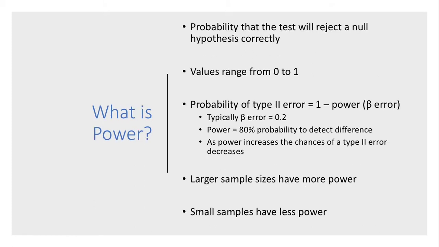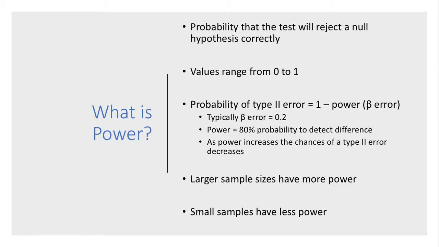Power is the probability that the test will reject a null hypothesis correctly. And the value ranges from 0 to 1. So what is the probability of a type 2 error? Well, that's 1 minus power, and that is called the beta error.